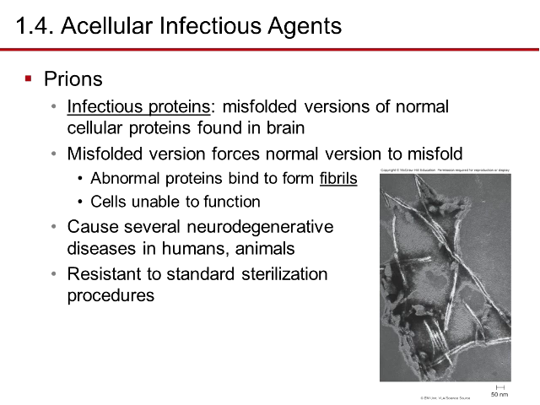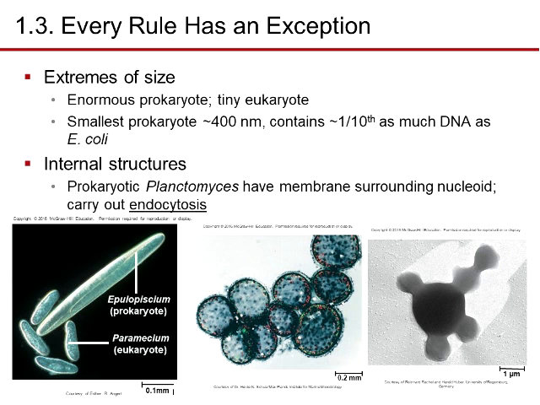Abnormal protein binds these fibrils, and the cells are unable to function. Think of them as being put in a straitjacket. They cause several neurodegenerative diseases in humans and animals. And they're resistant to standard sterilization procedures, so they're very difficult to deal with.